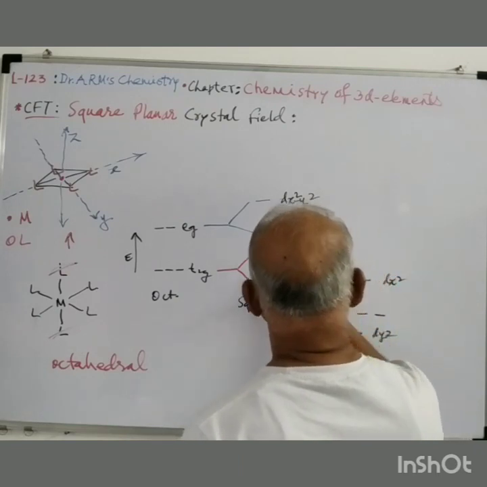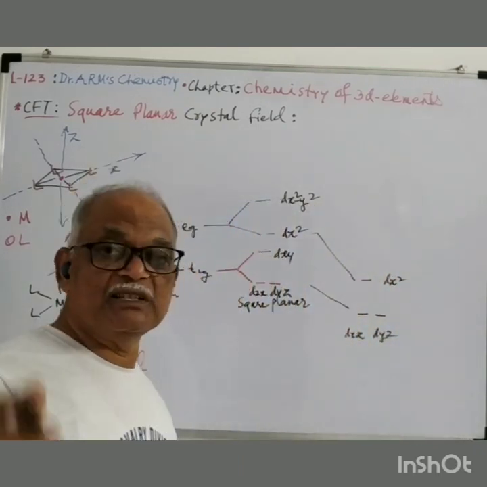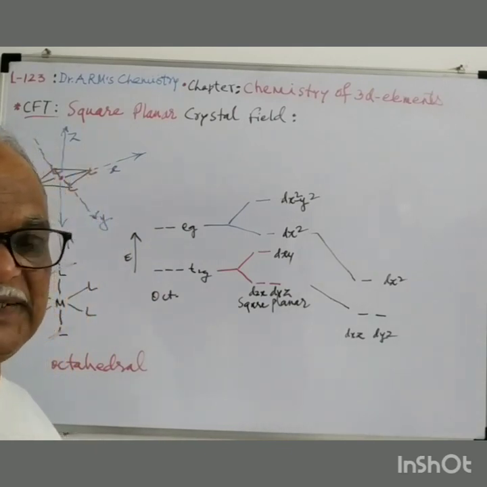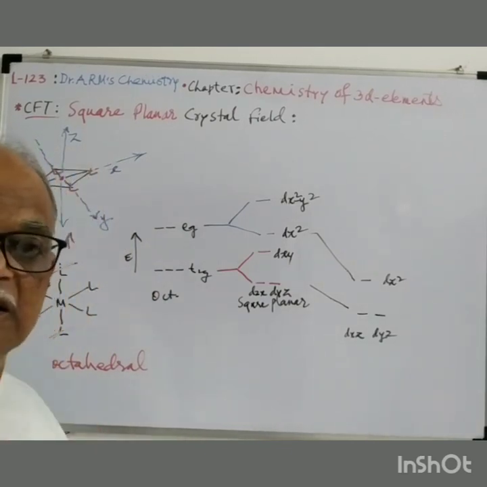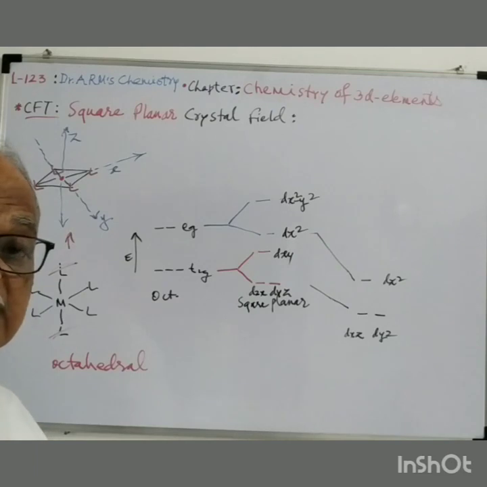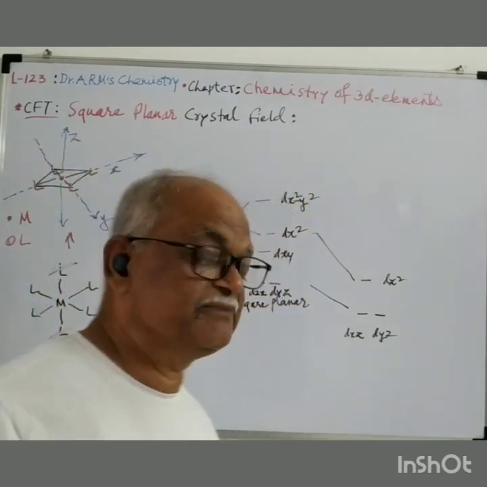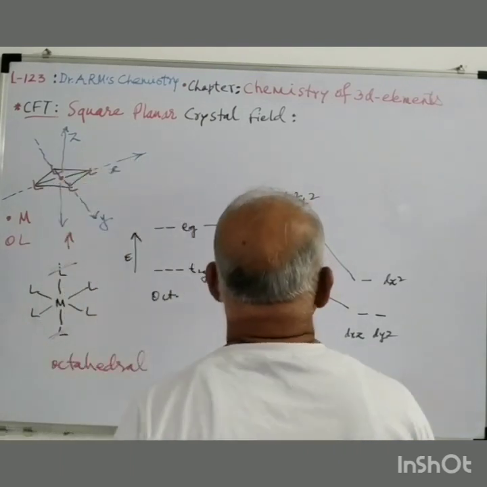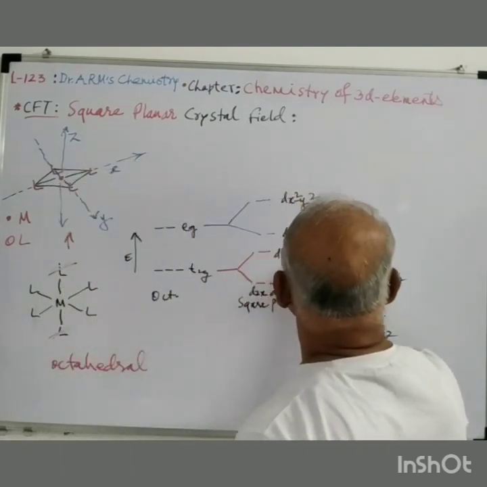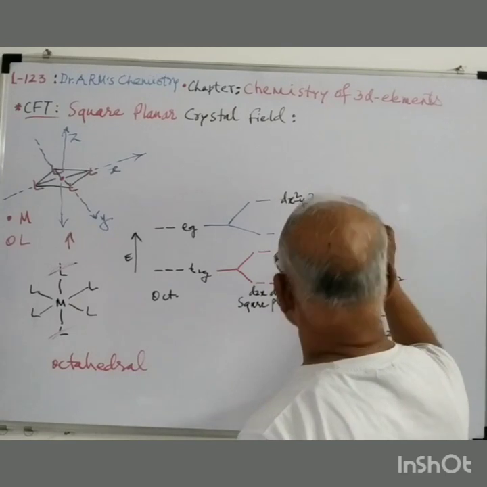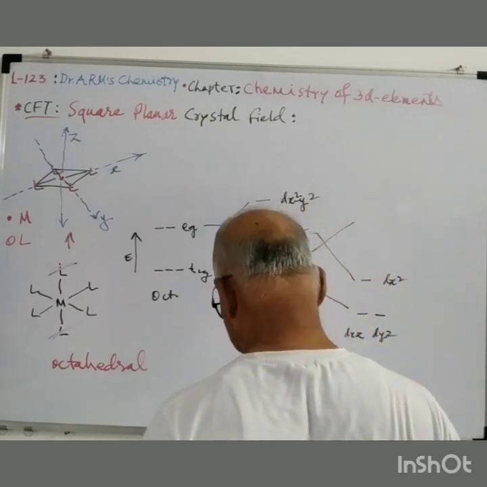Then the energy of dxy, which is in the plane, rises. The xy orbitals are lying in the plane in which the dz2 and dx2 minus y2 are present, and that is why the energy of these orbitals is also increased. So that is moving up.